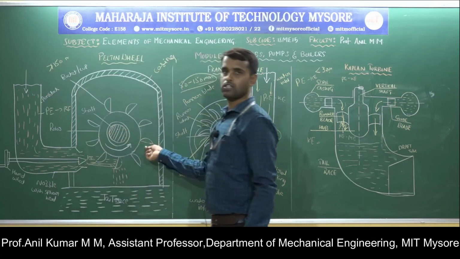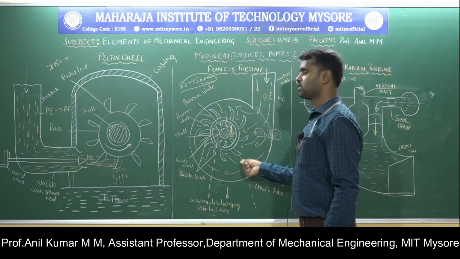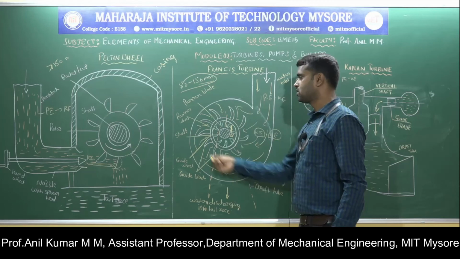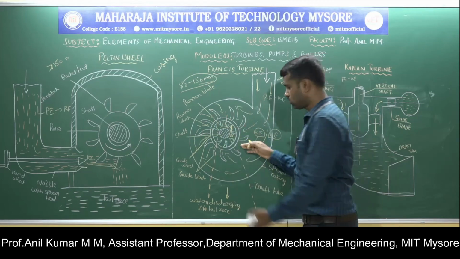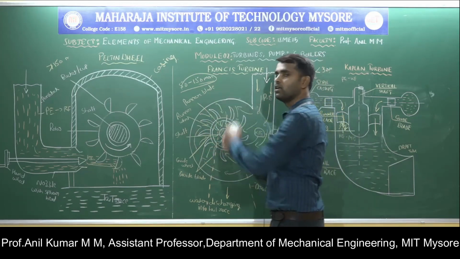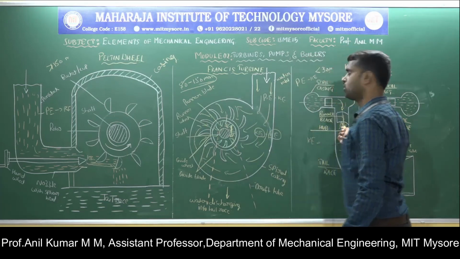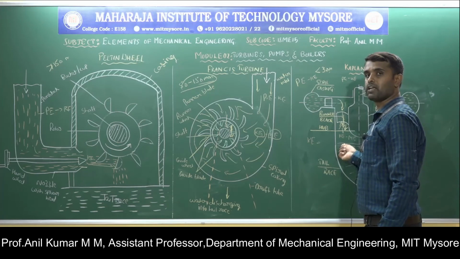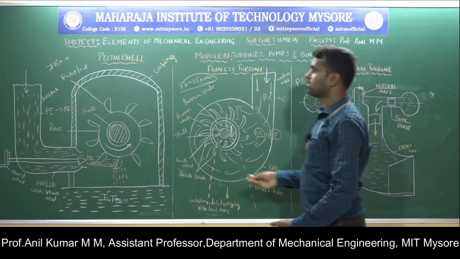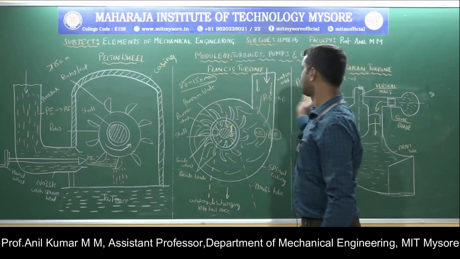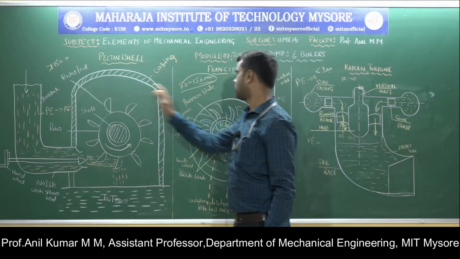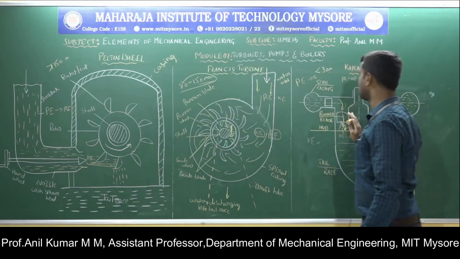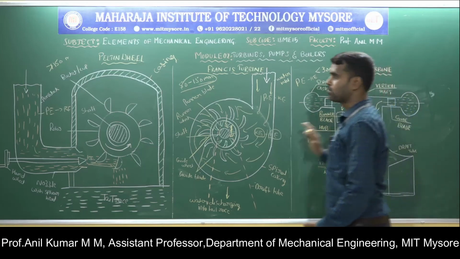In the Francis turbine a spiral casing is present, because the spiral casing is designed like a nozzle. The cross sectional area of the spiral casing gradually decreases. Here also the nozzle is absent, but the spiral casing is designed like a nozzle. So the first difference: in the Pelton wheel the nozzle is present, in the Francis turbine the spiral casing is present, and in the Kaplan turbine the spiral casing is present.